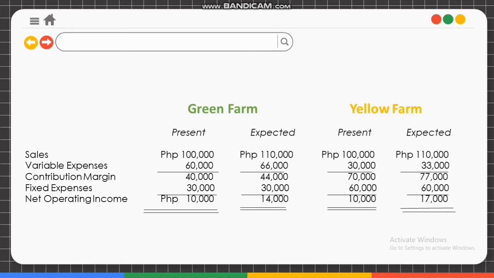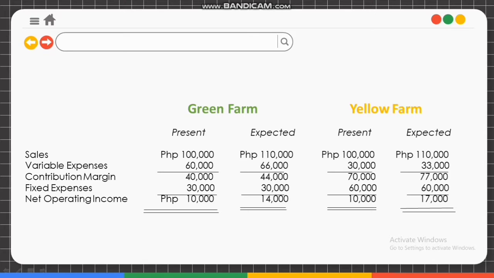So, operating leverage can be illustrated with the use of the following data for two mango farms, Green Farm and Yellow Farm. So, dito muna tayo sa Green Farm. The present sales of Green Farm is 100,000 pesos and the expected sales is 110,000 pesos.